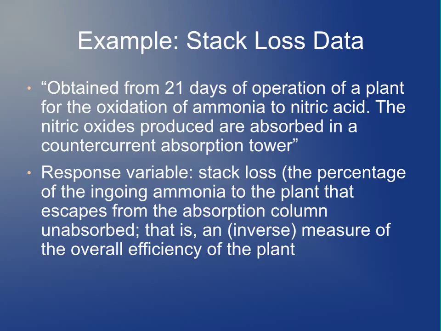The response variable in this case is what's known as stack loss, which is the percentage of ingoing ammonia that escapes from the absorption column without being absorbed. So it's an inverse measure of the overall efficiency of the plant. A low stack loss means the plant is functioning very efficiently. High stack loss means the plant is performing poorly.